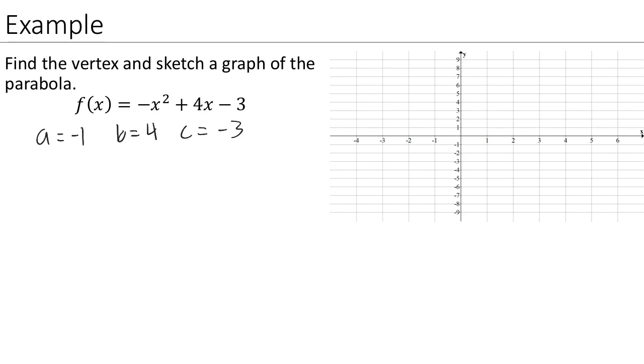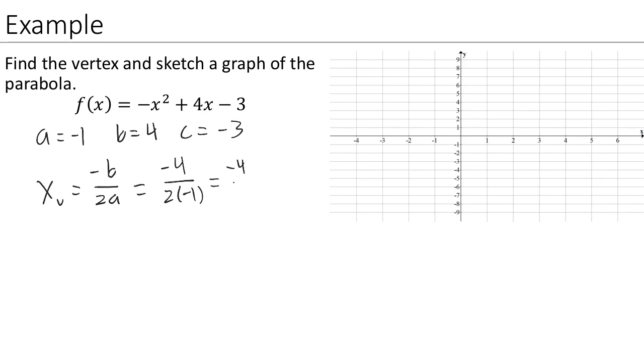So to find the vertex, we can first apply the formula for the x-coordinate. x_v is equal to negative b over 2a. Now in this case, negative b is negative 4, and 2 times negative 1 on the bottom.